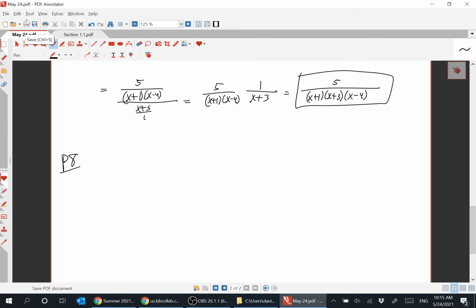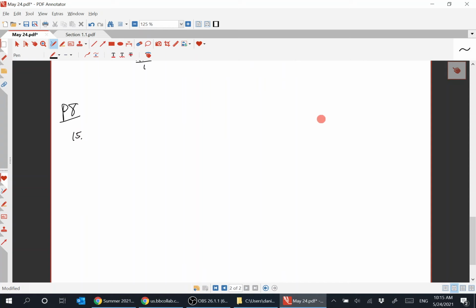So number 15. So finally, after everything that we've done in chapter P, as I was saying, we never had an equation to solve. So finally in P8, they give us an equation and they ask us to solve.